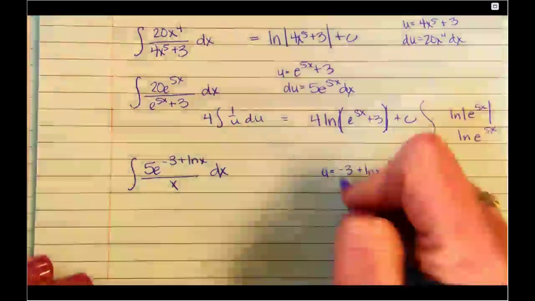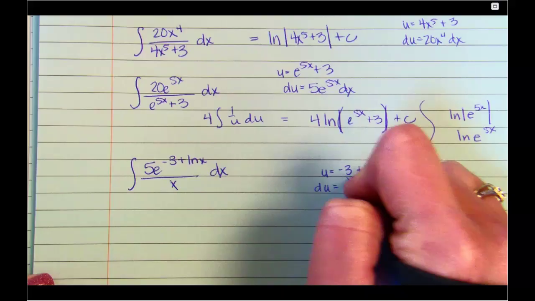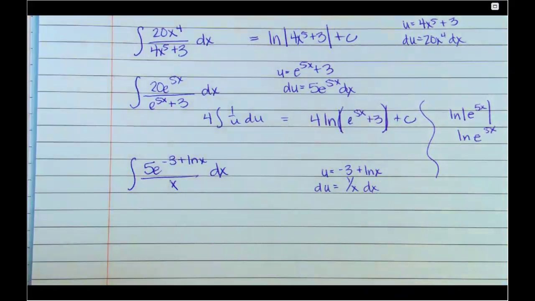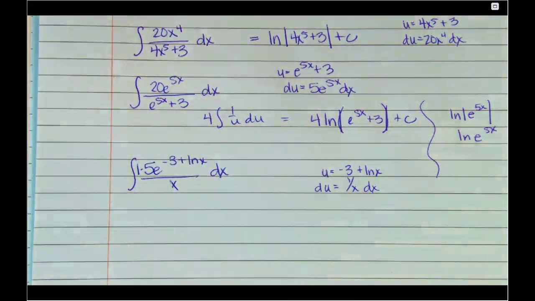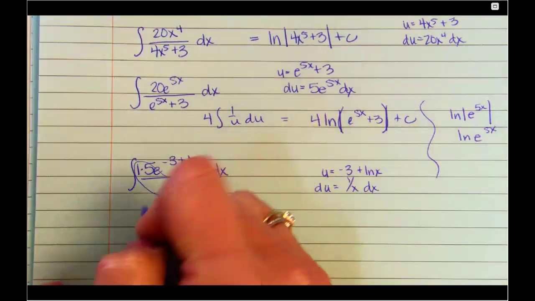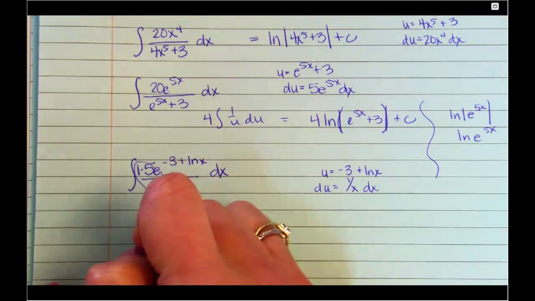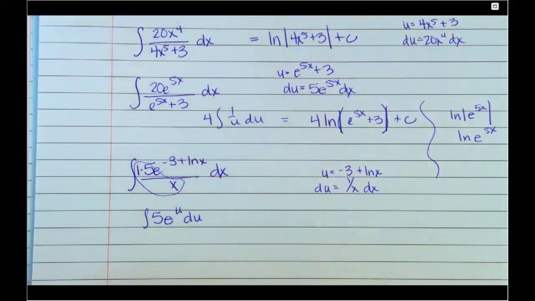What's the derivative here? 1 over x is dx. Now, Lily said to me, I don't have 1 over x. True. However, isn't this 1 times 5? So there's the 1. Then when we substitute, we have 5e to the u du, and get rid of the 5 if you don't like it there, or put it out in front.